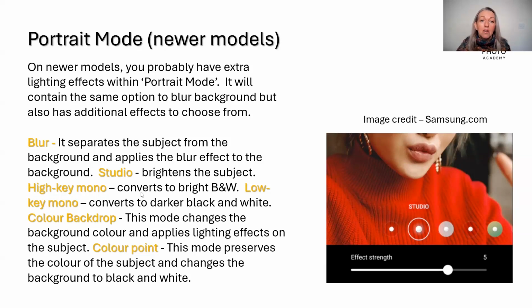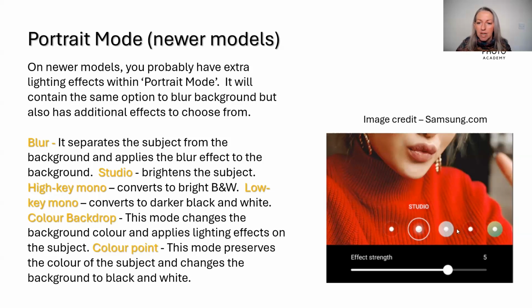Low key mono converts it to a darker black and white. You have color backdrop, which changes the background color, and then color point. I always have to read these because I forget the difference between them. Color point preserves the color of the subject and changes the background to black and white, so it's known as color popping, really.